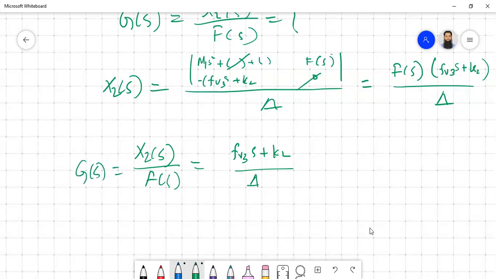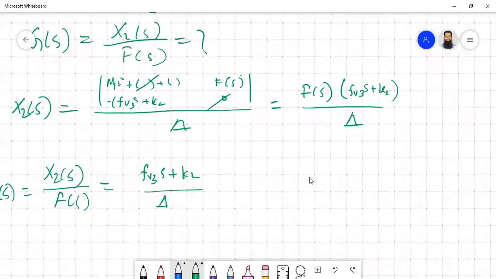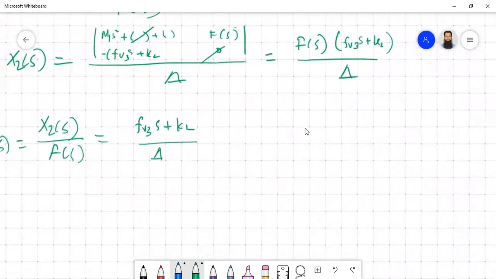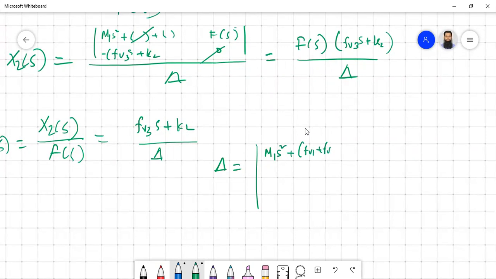What is del? I think you already know what del is, but still, if you want, you can write it. Del is the determinant that you have to find out: M1 S squared plus FV1 plus FV2 plus FV3 S plus K1 plus K2.